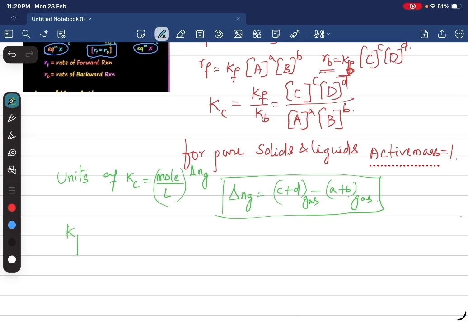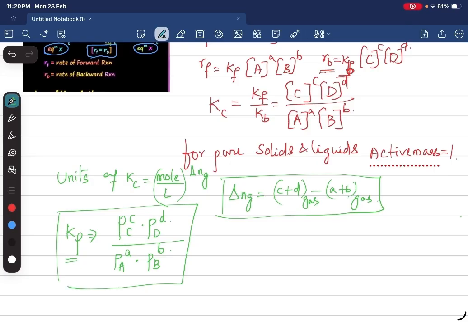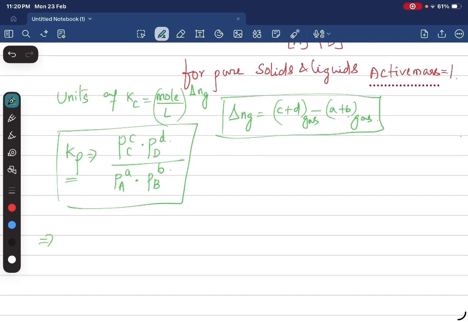In the same way we can write Kp, the same equilibrium constant with respect to partial pressure. The representation remains the same: product of product partial pressures over product of reactant partial pressures. This is Kp and this is Kc, so we can make a relation between them.